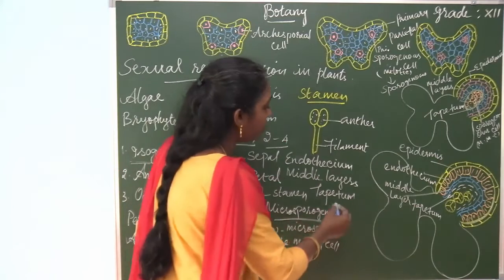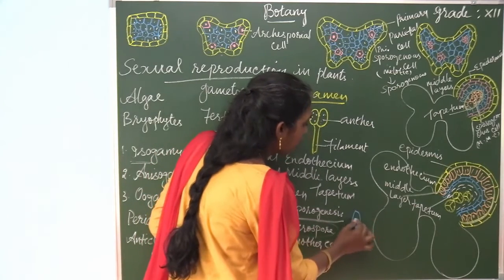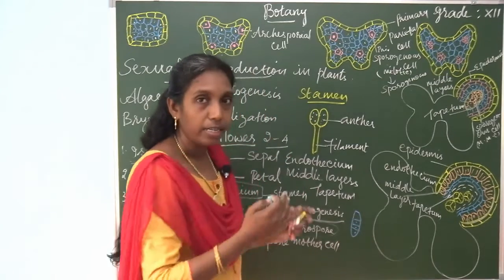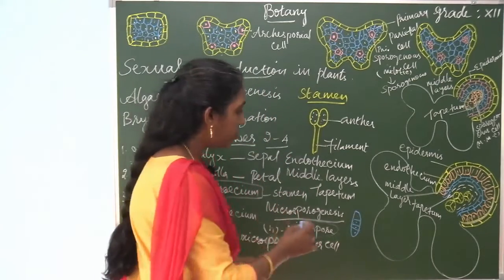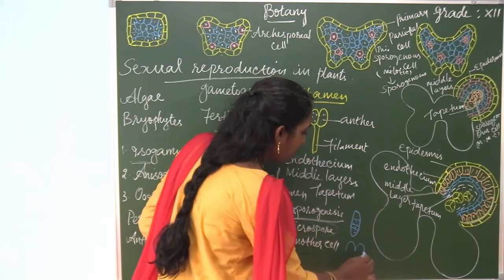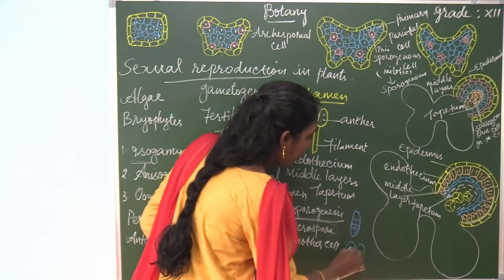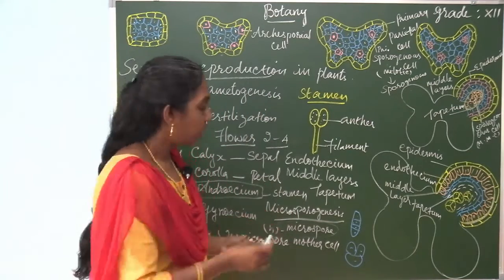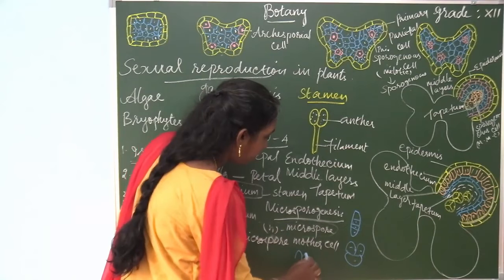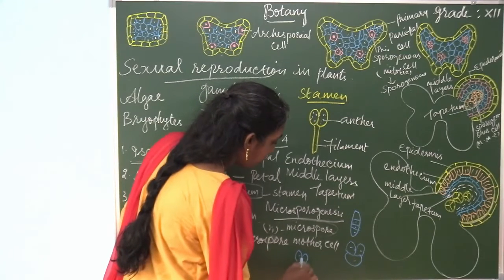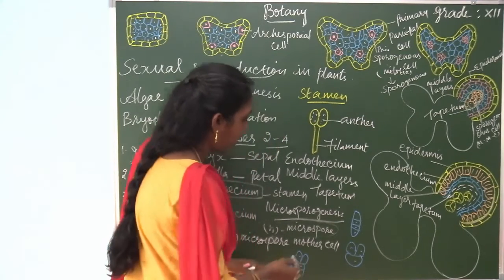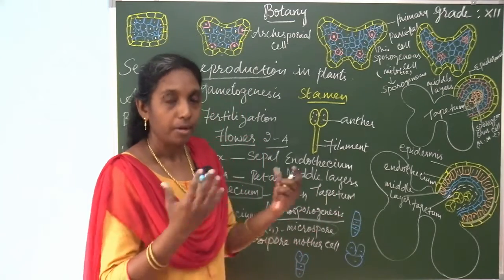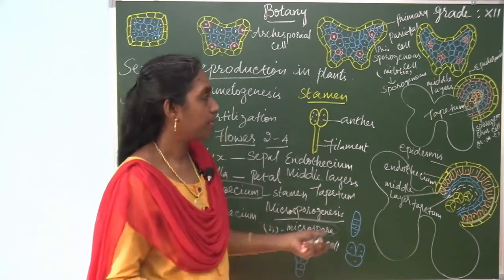They may be arranged linearly. There are 4 cells, 1, 2, 3 and 4. Either it is arranged linear, or decussate in this form, or isobilateral, or it is arranged in a T-shape. This is the structure of the T-shape. The tetrahedral microspores are arranged in different shapes.